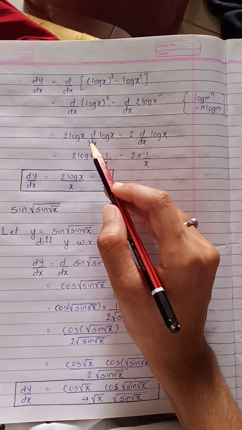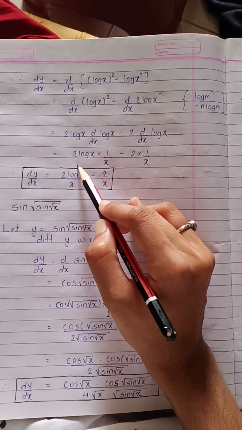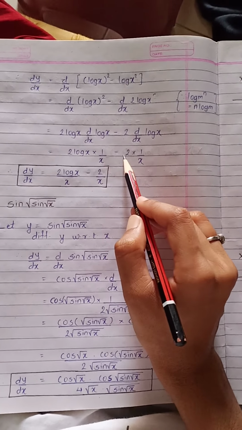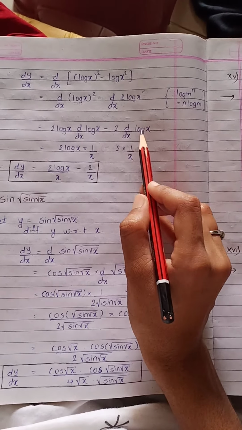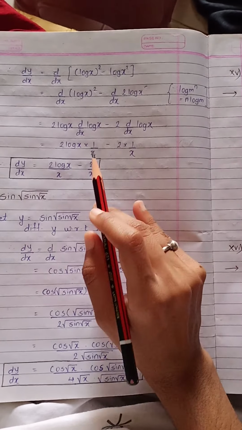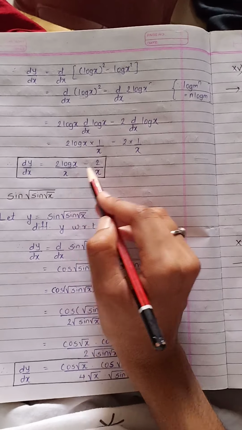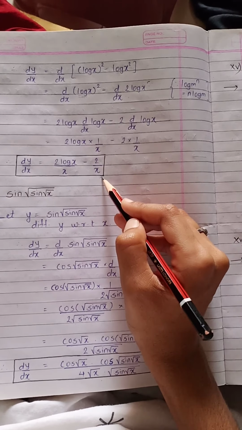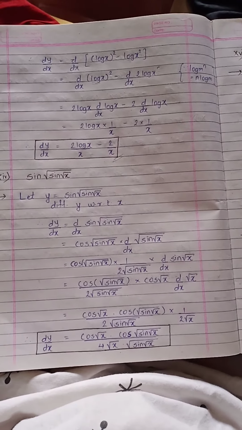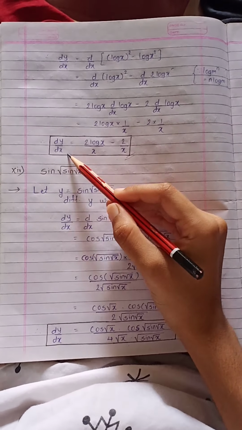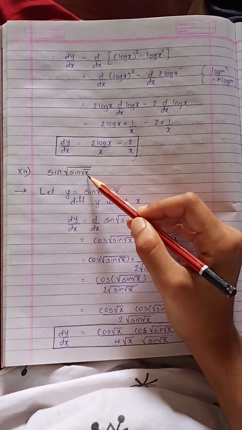So the final answer will be now 2 log x into the derivative of log x, which is 1 upon x, so write that, minus here 2 into the derivative of log x, again 1 upon x, so write that here. Now the final step is 2 log x upon x minus 2 upon x. Okay. Now the next question is sine root x.